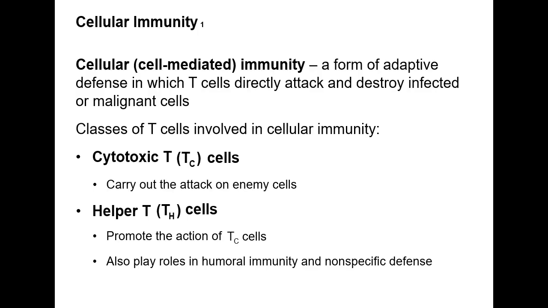And so I like to think of the helper T cell as kind of like the quarterback of the immune system. This is the part of the immune system that's coordinating the attack as a whole and putting all of the adaptive and innate responses together so that they can all function together as a cohesive unit and help clear the pathogen more efficiently.